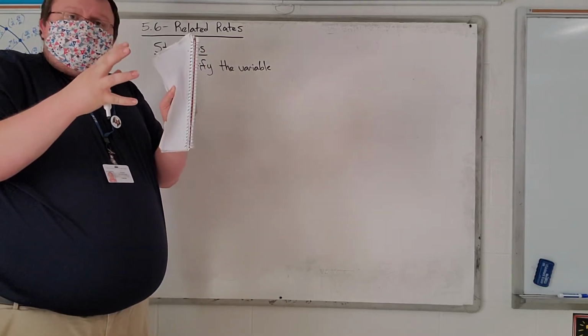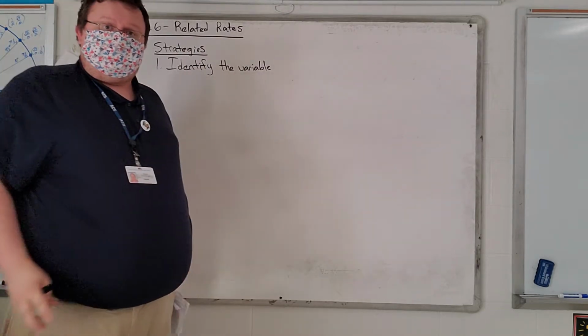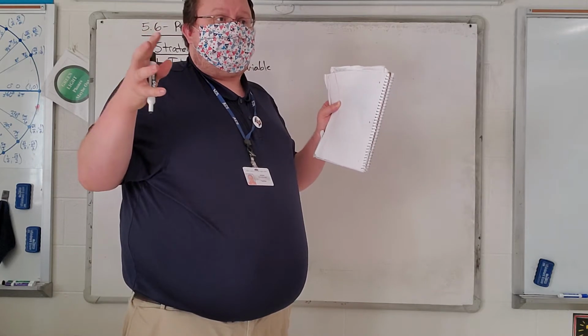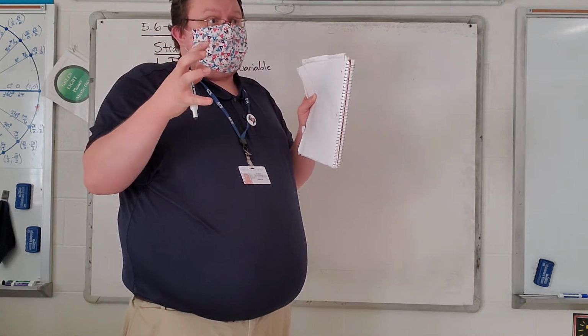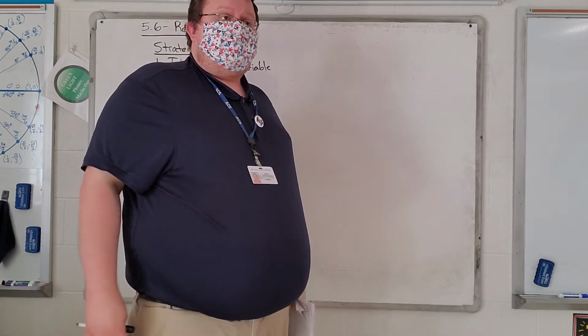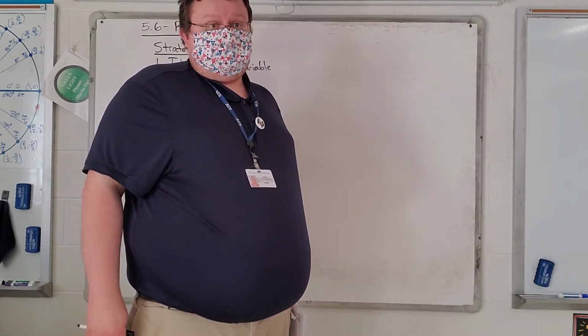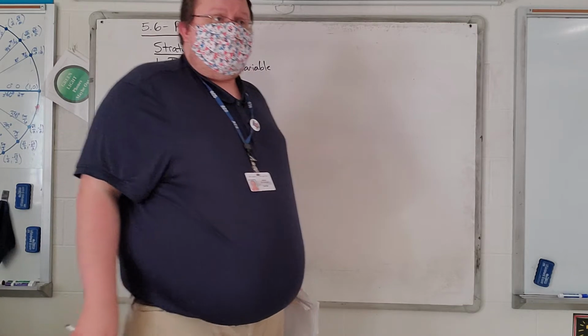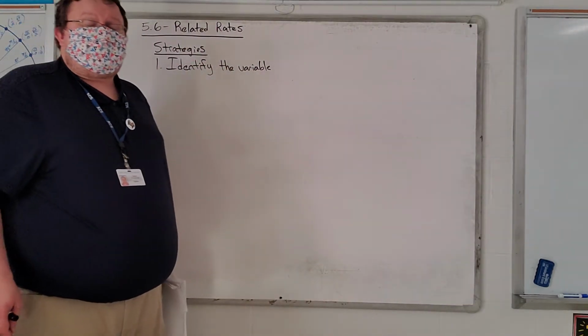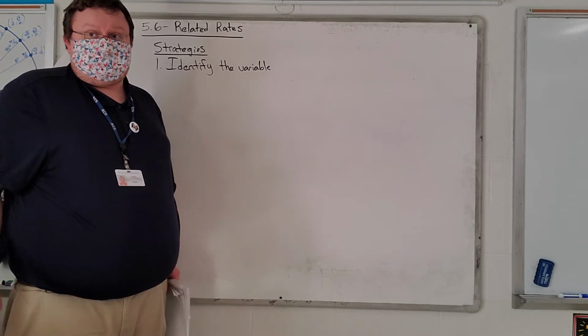The rate that that volume is changing by is going to be related to the rate that the radius of that sphere is also changing, because it's also going to be going down. We've got two variables that are related to one another, and their rates of change are going to be related to one another.